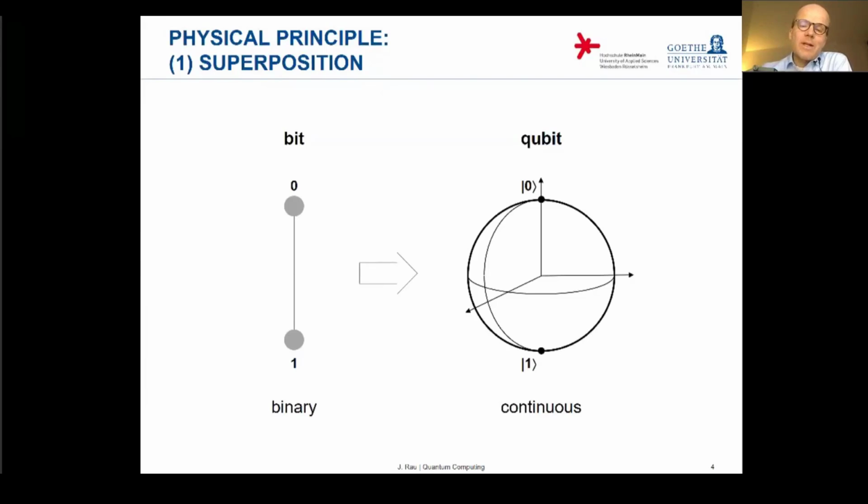And we will see actually later today that a nice way to visualize that is a sphere. And you can imagine the classical 0 and 1 states as the north and south poles of that sphere. But there is a whole continuum, namely the surface of that sphere, which are also possible states of the quantum mechanical bit. And this gives many more possible states that can be used in the course of a quantum computation.